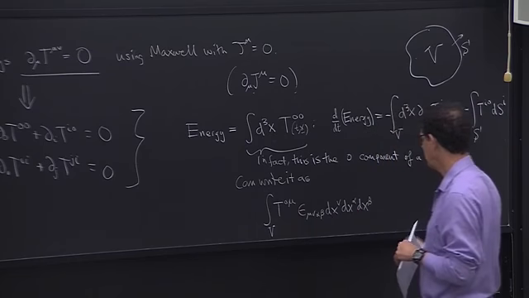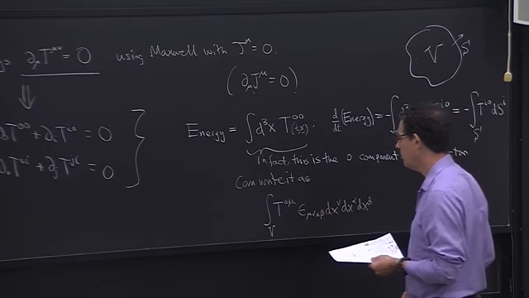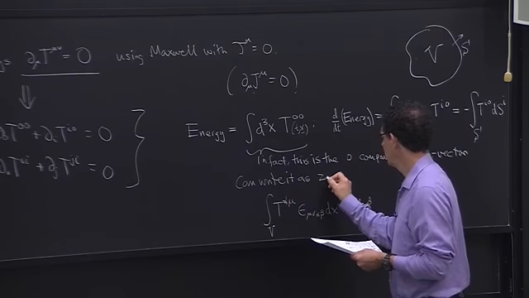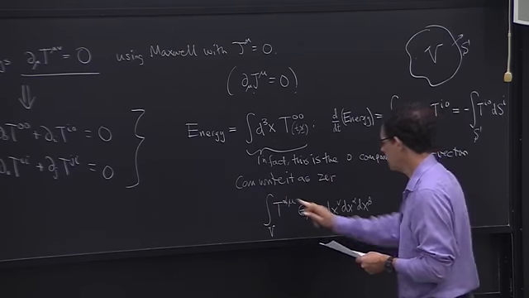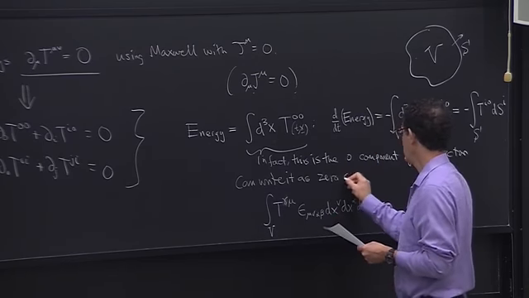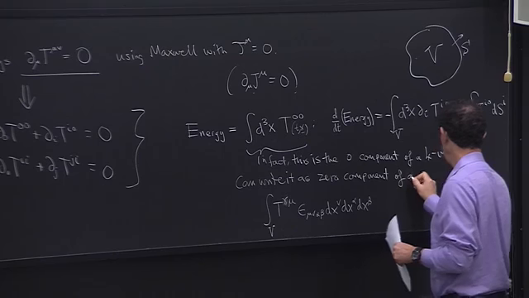But this is obviously the 0 component of a 4-vector, which is that when I put something else, gamma, as the 0 component of a 4-vector.